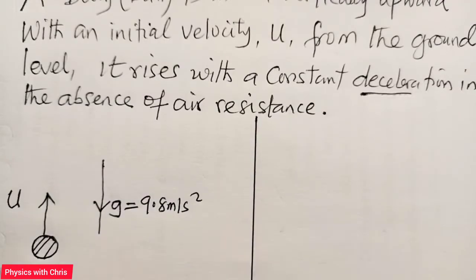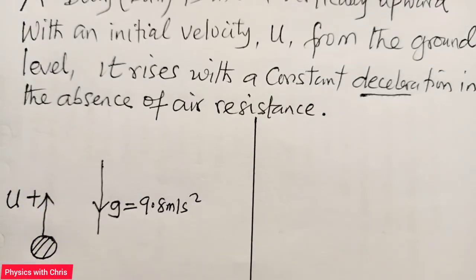Now, if I decide to give this direction positive, because velocity is a vector as well as acceleration, in representing vectors, we need to specify both its magnitude and direction. A vector quantity is not completely represented unless we state its magnitude and its direction.